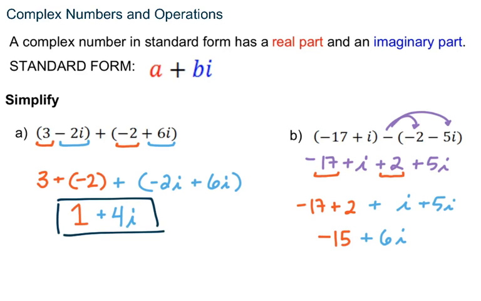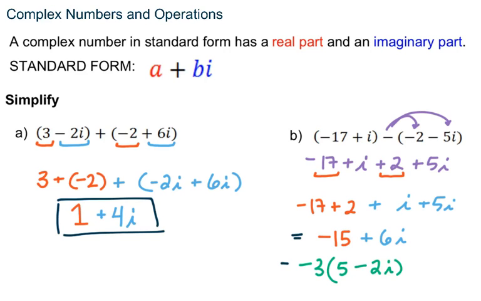There is one last step that can be applied to this problem. You should notice that 3 is a factor of both 15 and 6. I'm going to factor out -3, and that leaves me with a positive 5. Pulling -3 out of 6i leaves me with -2i.